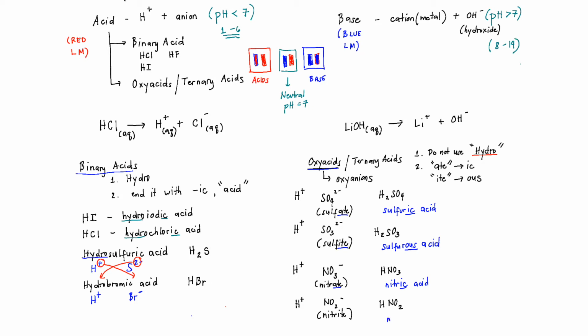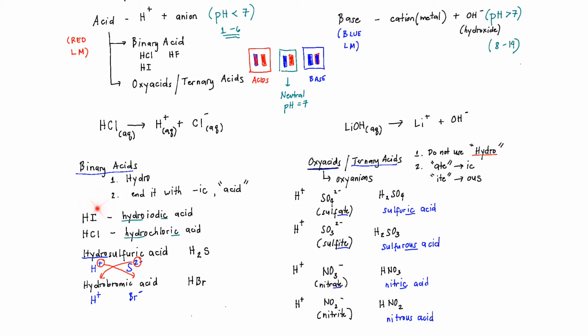And then this one will be nitrous acid. And that's it. That's how you name ternary acids. So again, if we have binary acids, we're gonna use the word hydro plus the word "ic."